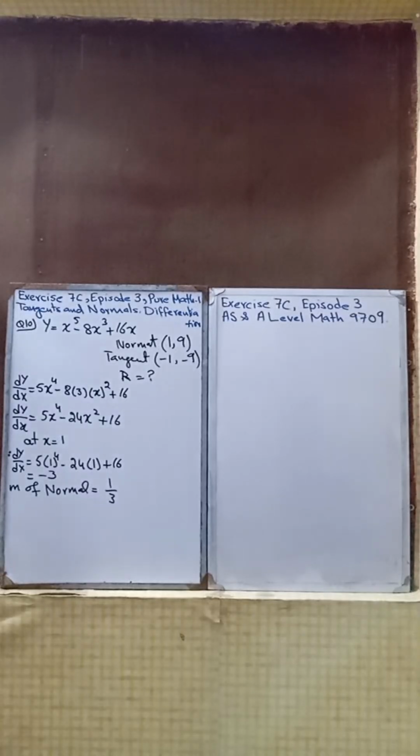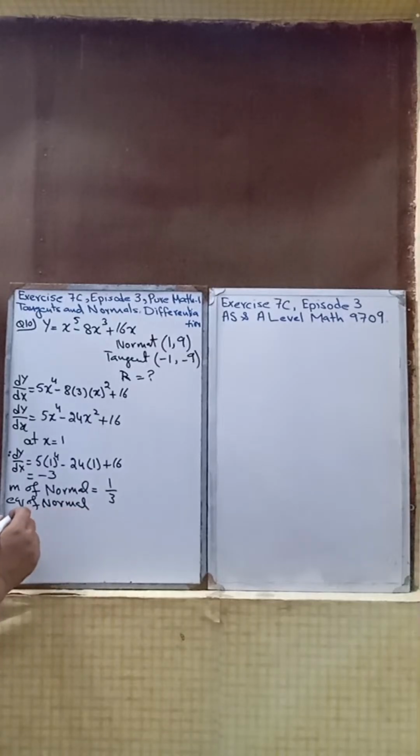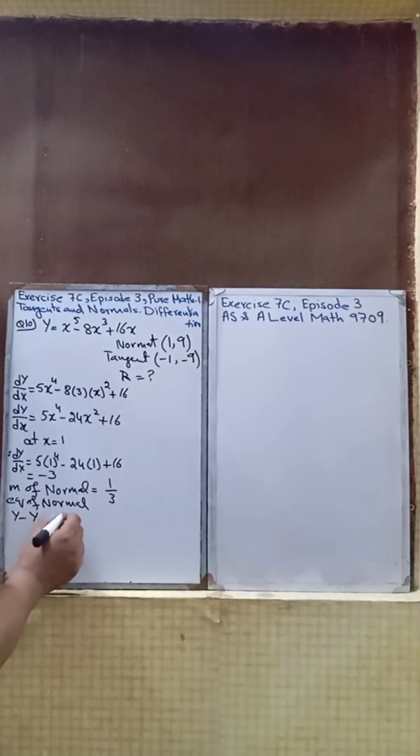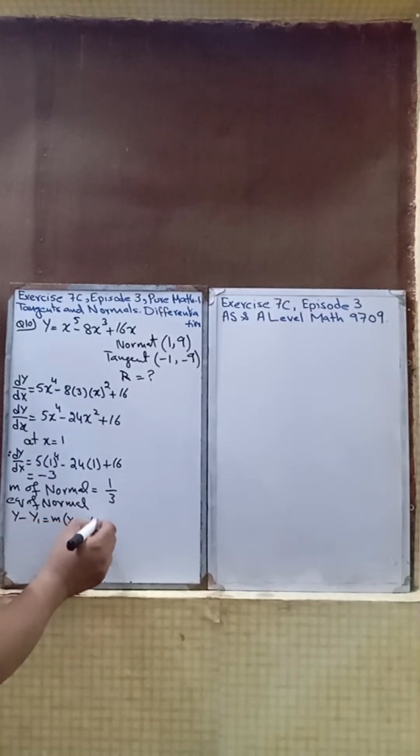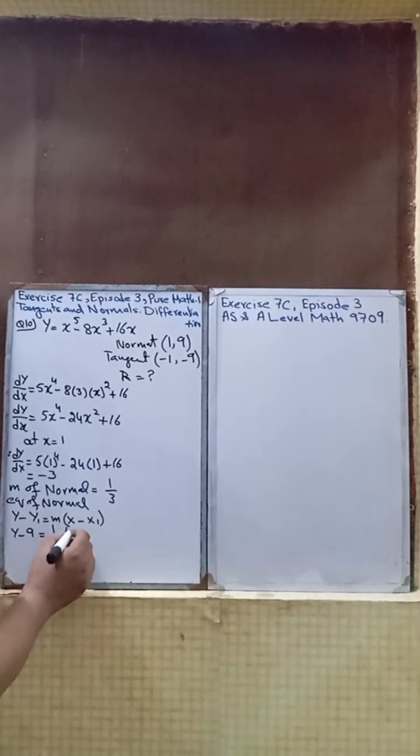Then I will find the equation of the normal. For the equation of the normal, y minus y1 equals m bracket x minus x1. So y minus 9 equals 1 by 3 into x minus 1.